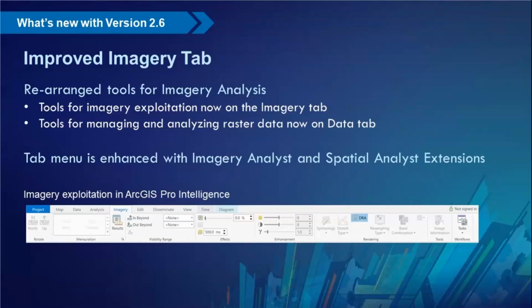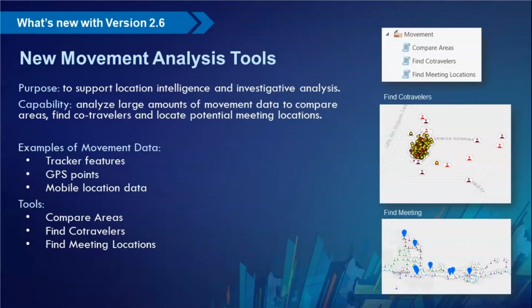Now, also exciting, version 2.6 has these new movement analysis tools. Their purpose is to support location intelligence and investigative analysis. So you can now analyze large amounts of movement data to compare areas. You can find co-travelers and locate potential meeting locations.